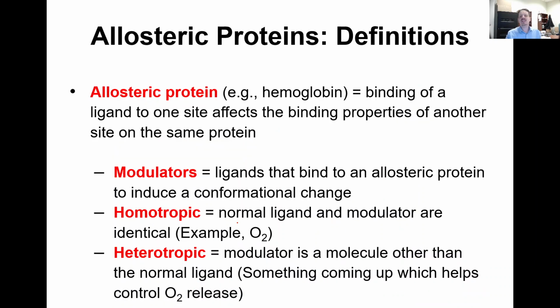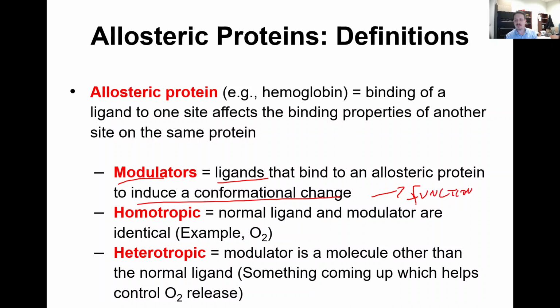Now, these things that can bind to hemoglobin and affect the function of hemoglobin from high binding to low binding, we call these modulators. Modulators are ligands that bind to a protein to induce a conformational change and thus change the function.